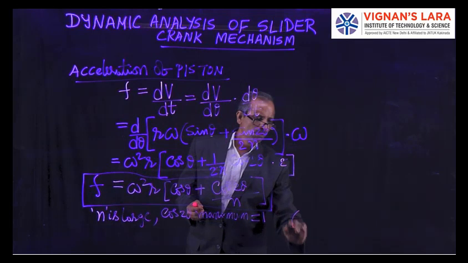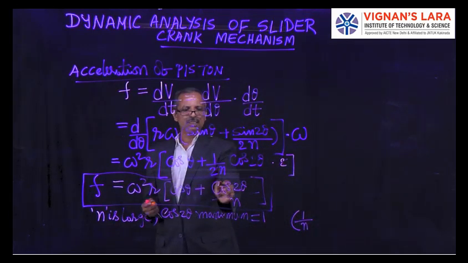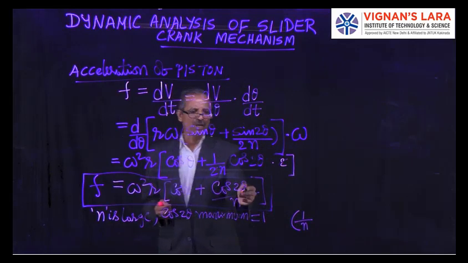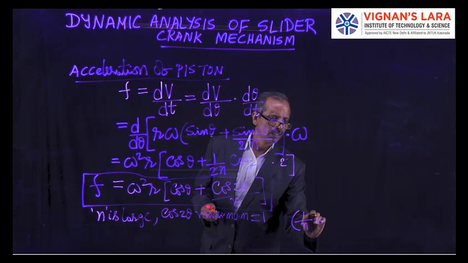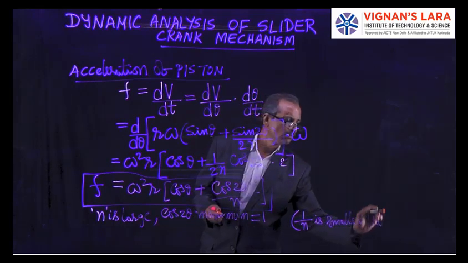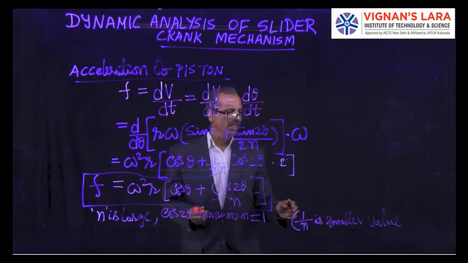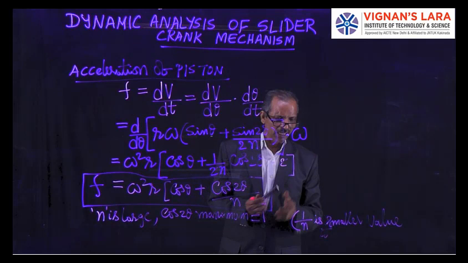So 1 by n is a smaller value and can be neglected.